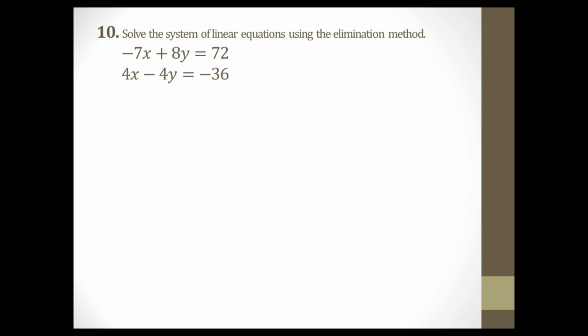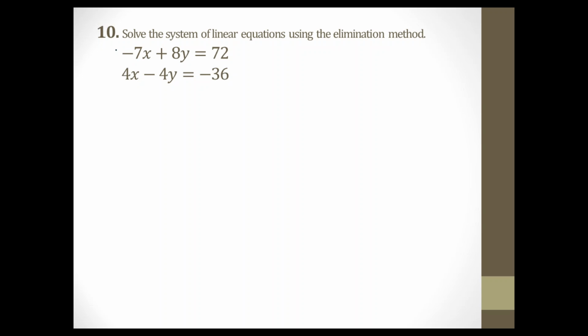But they're different numbers. So we want it to become like opposite, like -7, +7, or -28, +28. And then if we add them up, then they'll cancel out. We'll eliminate something. So why don't we eliminate the x terms? So I already have the opposite signs.